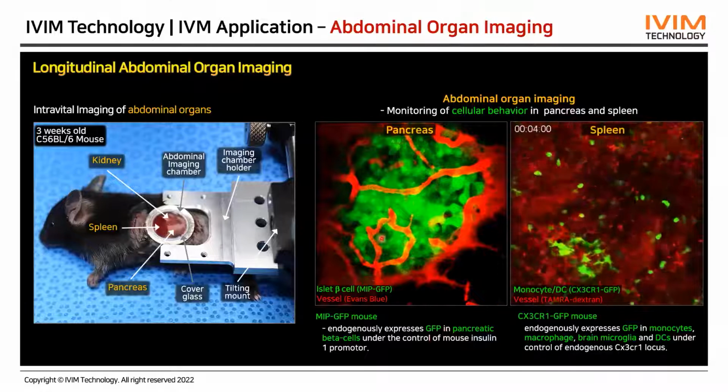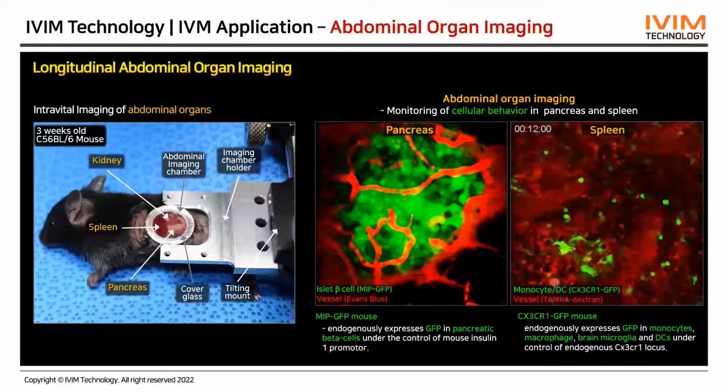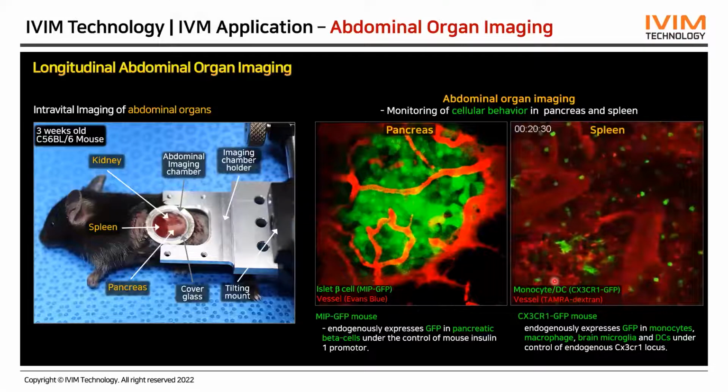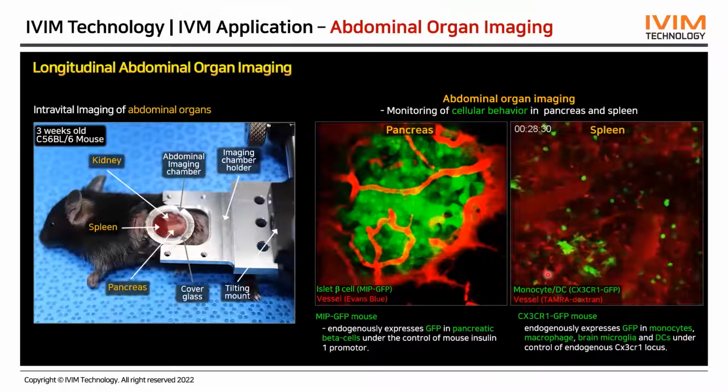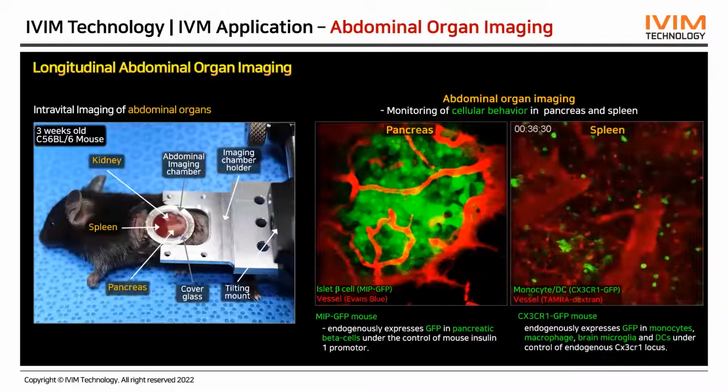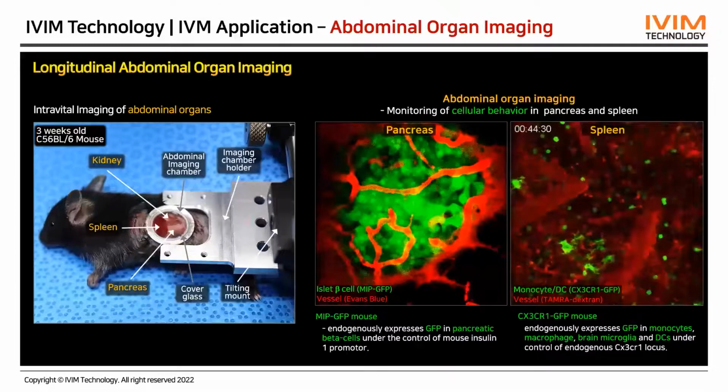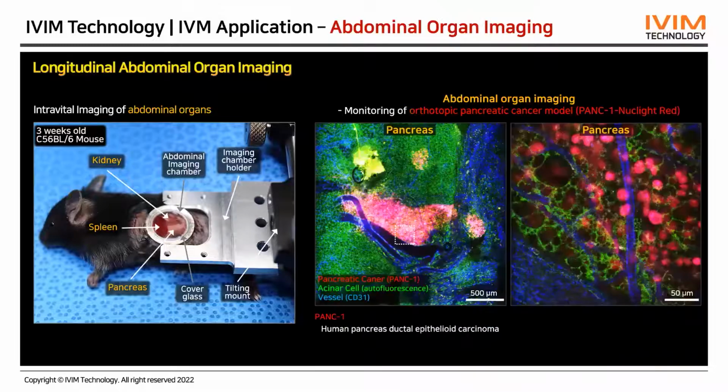The cell dynamics and development over the days were monitored on a long-term basis using the abdominal imaging window. Also, tumor development and anti-cancer drug efficacy in the pancreatic cancer model with PANC1 tumor cells can be analyzed in vivo in a long-term manner.